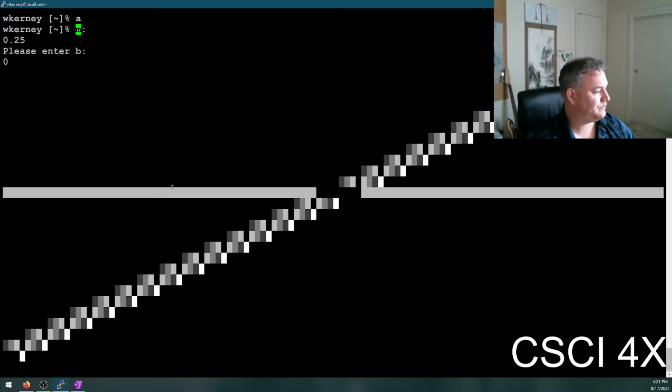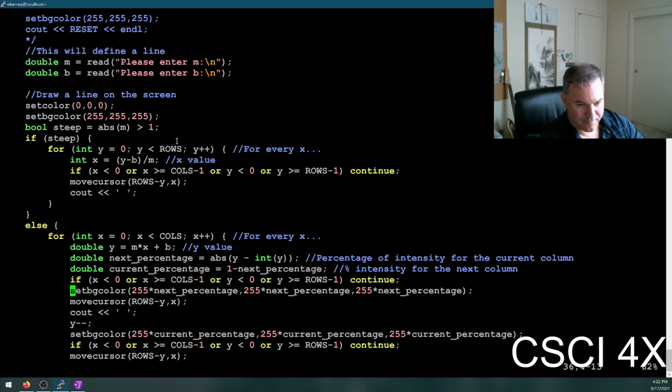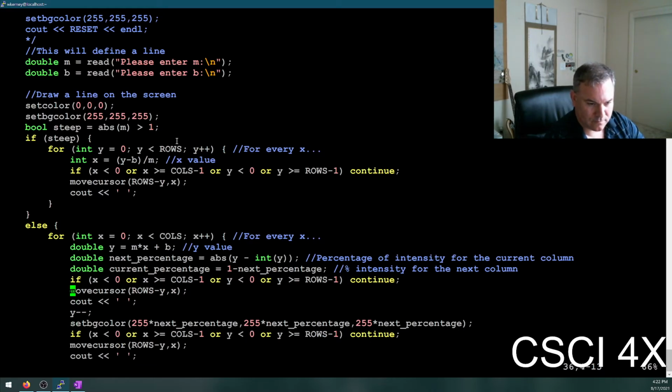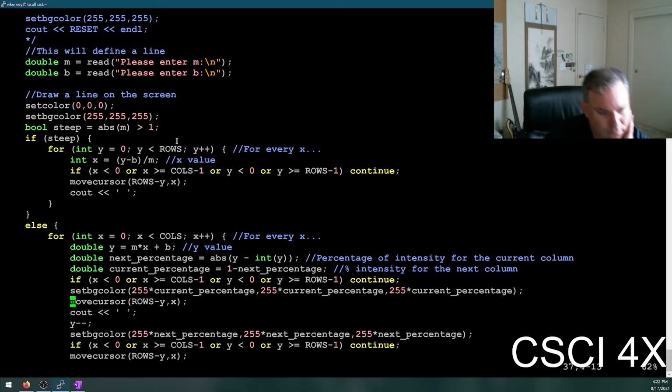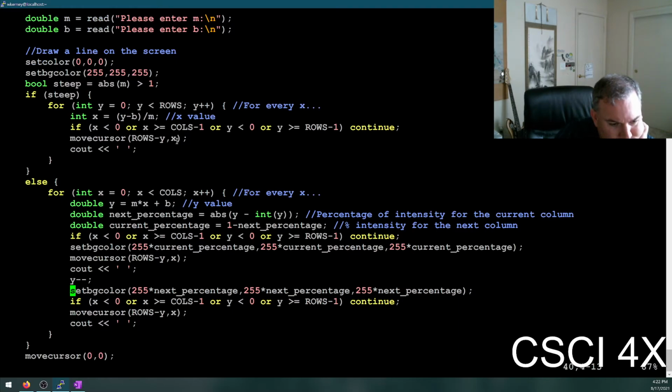Let's see here. If next percentage is 1, it'll be 255, 255, 255. And that's the row above. And then when we get to the next row up, it turns more and more white.